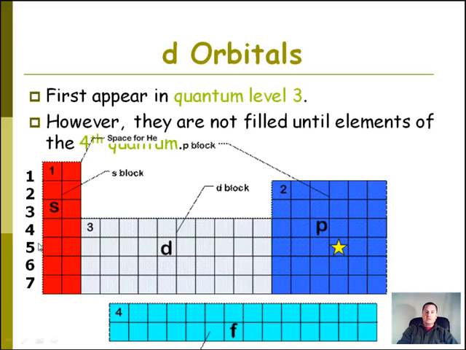So here's our periodic table. Right here we should have some d's because we're in the third quantum level, but there are no elements here. So these blocks actually don't get filled up until we come down to the fourth quantum level. When we fill these fourth quantum level blocks, these electrons are actually going to be occupying the 3d rather than the 4d.